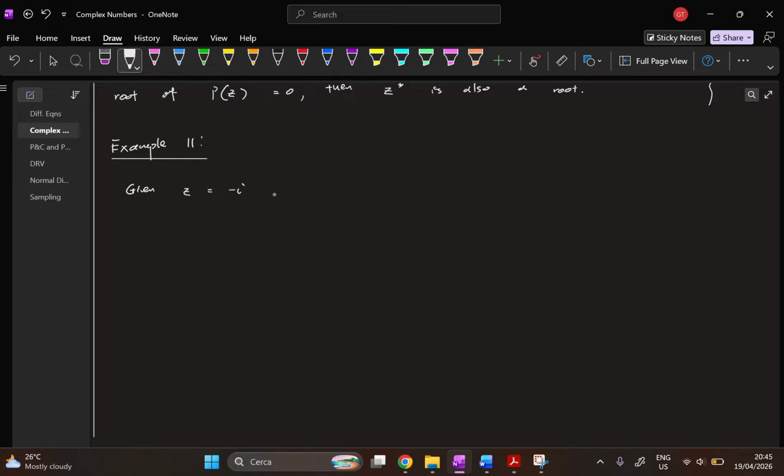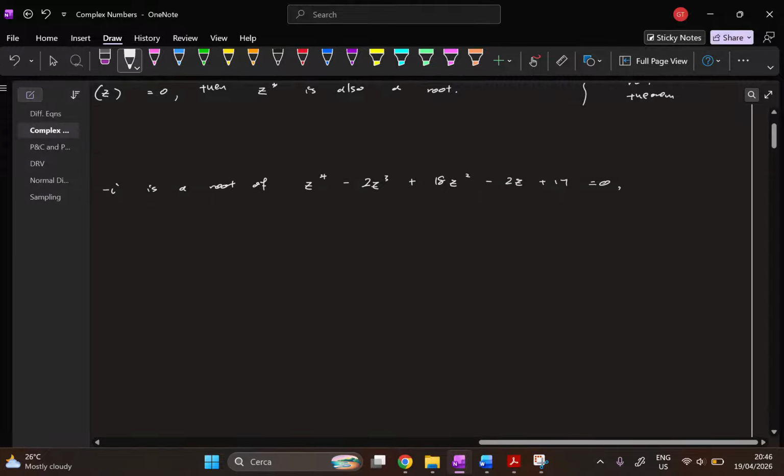So given that z equals minus i is a root of this equation, z power 4 minus 2z cubed plus 18z squared minus 2z plus 17 equals 0.